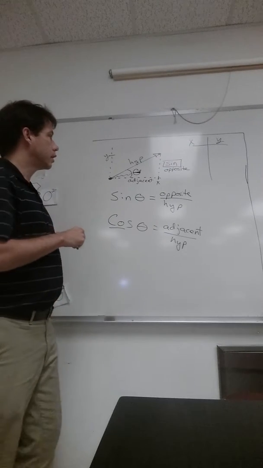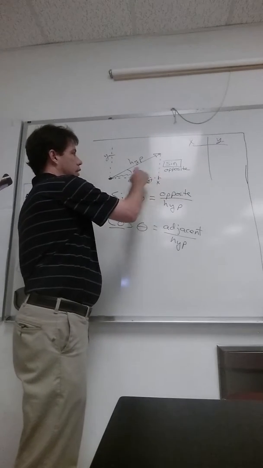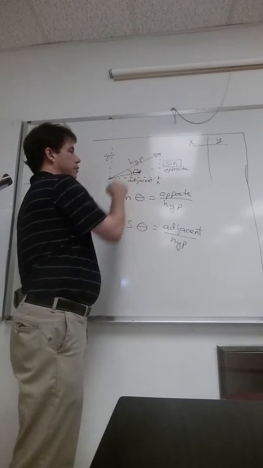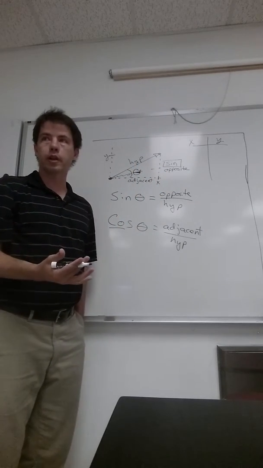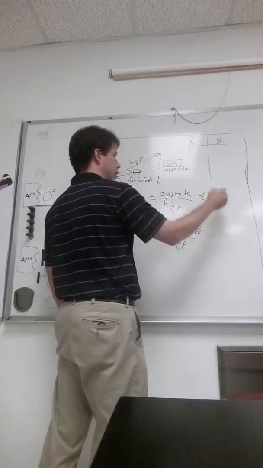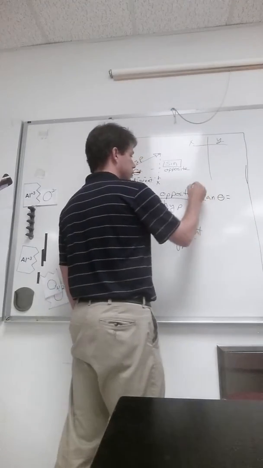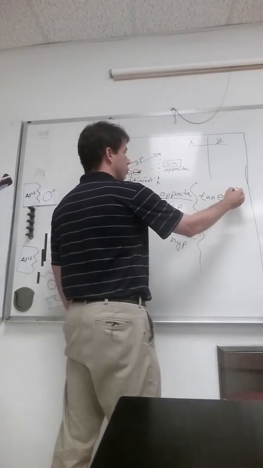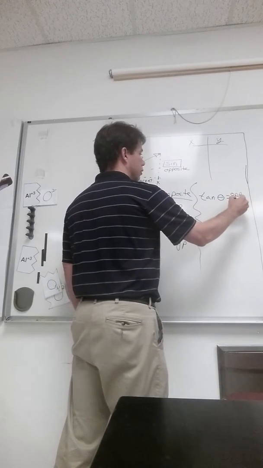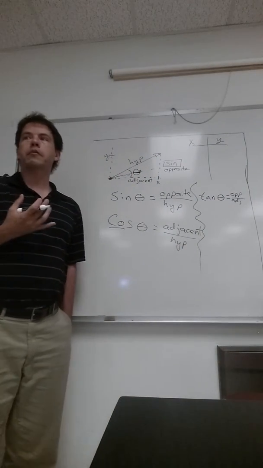Okay. And then comes, so all of these, if you notice, is opposite to hypotenuse. Adjacent to hypotenuse. Well, we also have to have a relationship that does not have the hypotenuse, and that's the tangent of theta equals, I'll put a little divider here, equals opposite over adjacent. Okay, so how do I remember this?